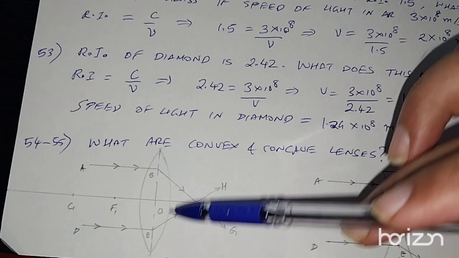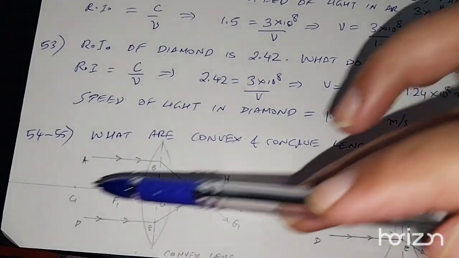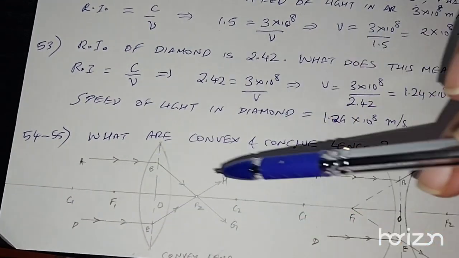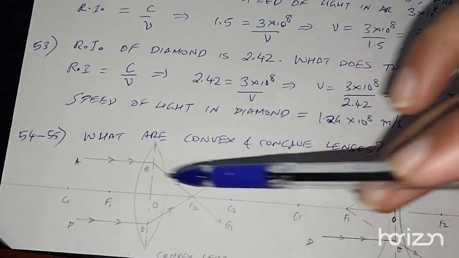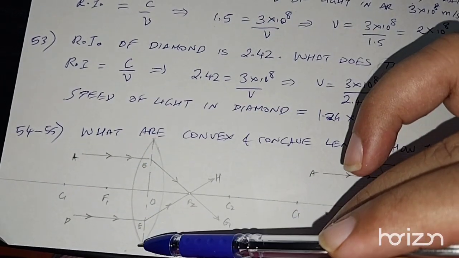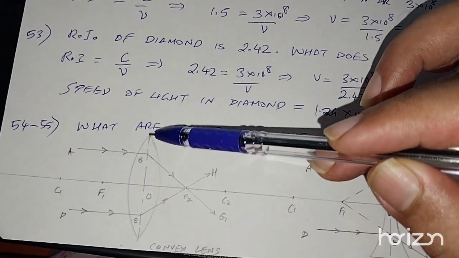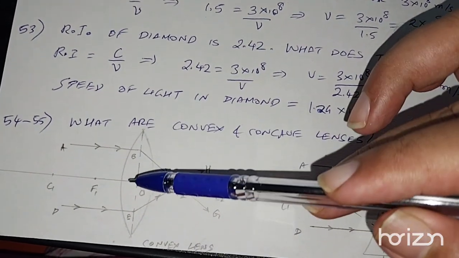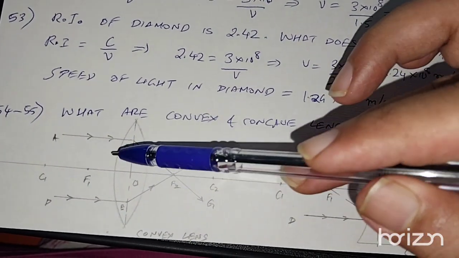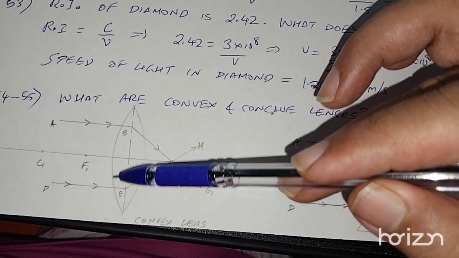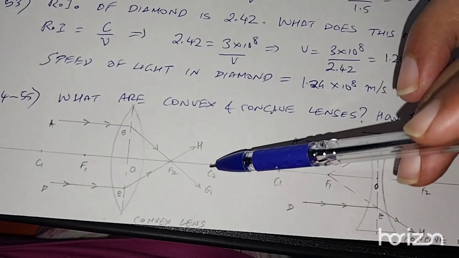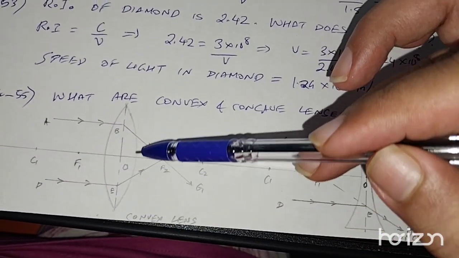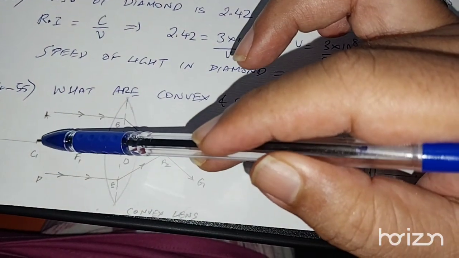If you see the convex lens, you can see two radii of curvature, two centers of curvature. Why? Because this is a spherical surface and this is also a spherical surface. Both the faces, both the sides of a convex lens, are spherical surfaces, and this is a part of a sphere whose center is here, and this surface is a part of a sphere whose center is here.